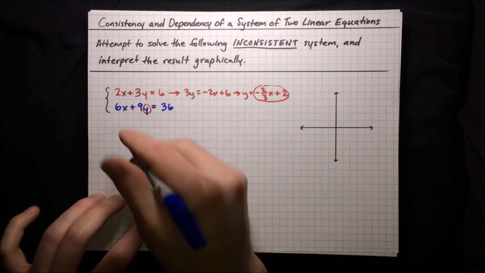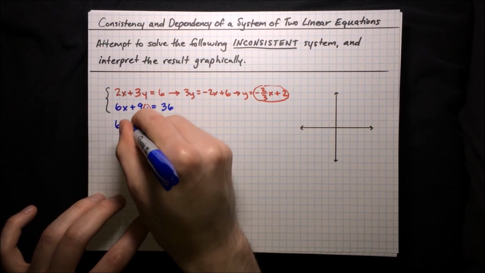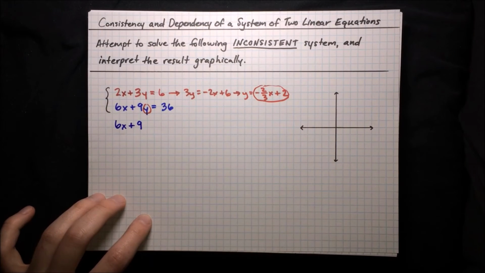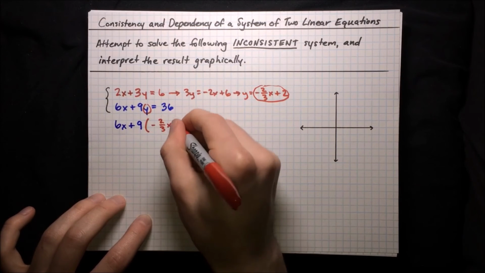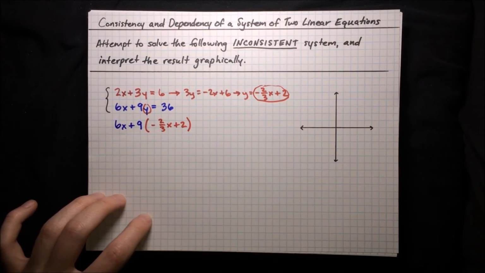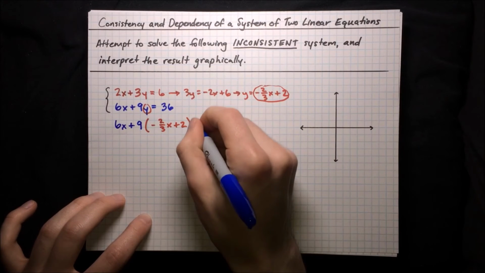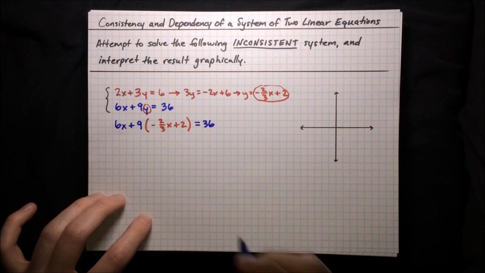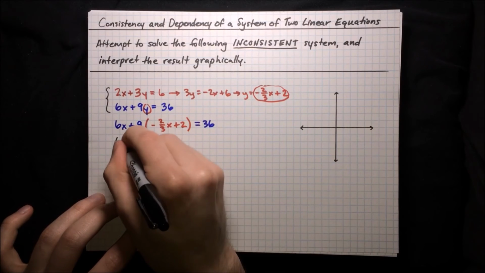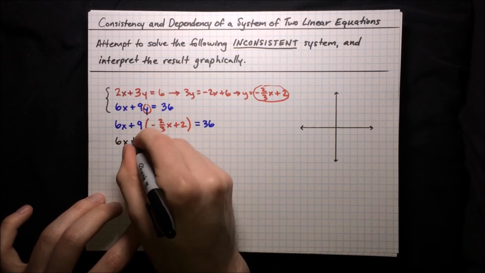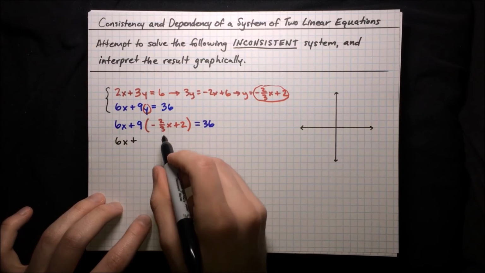And we can substitute that expression in for y over here. When we do that, we get 6x plus 9 times (-2/3 x plus 2), and that is supposed to equal 36. Okay, so let's see if we can solve this equation. Let's simplify first. 6x plus, what is 9 times -2/3?